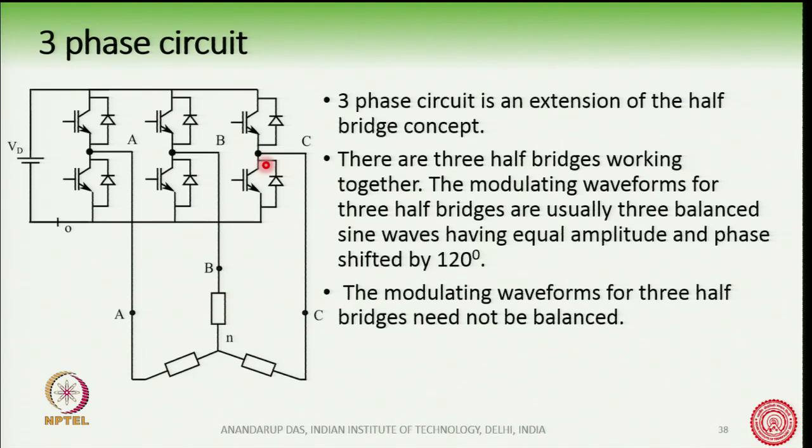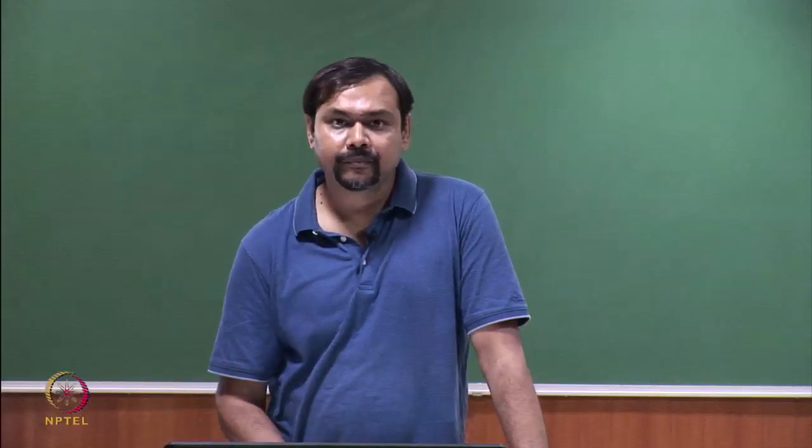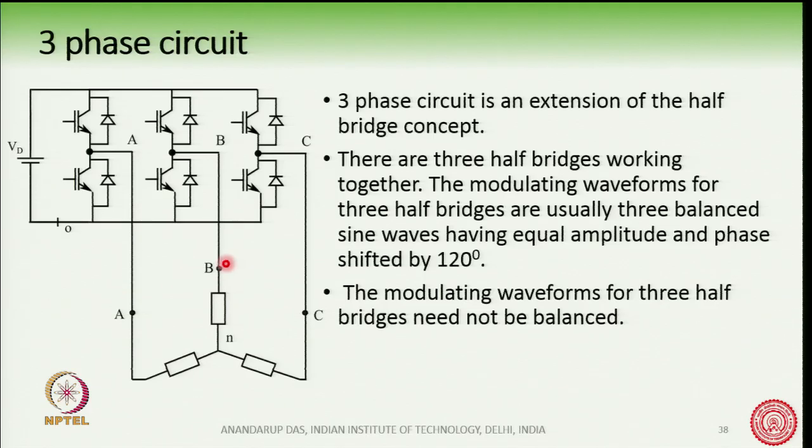So, how will you control the 3 half bridges? Of course, if you want to get a balanced output voltage from this converter, we will give 3 balanced sinusoidal references to the 3 legs, and they will be equal in magnitude and phase shifted by 120 degrees. Although this is true, I must mention that the 3 modulating waveforms need not be balanced.